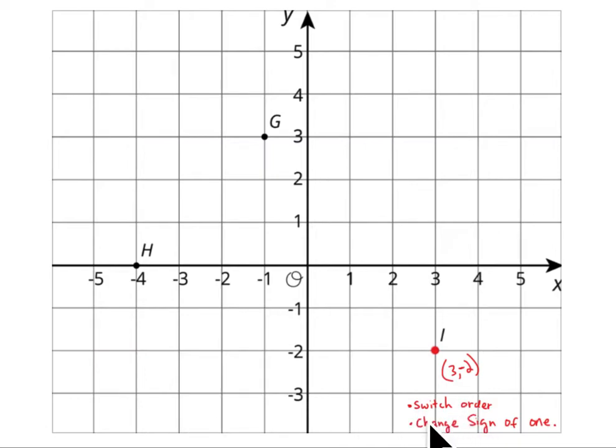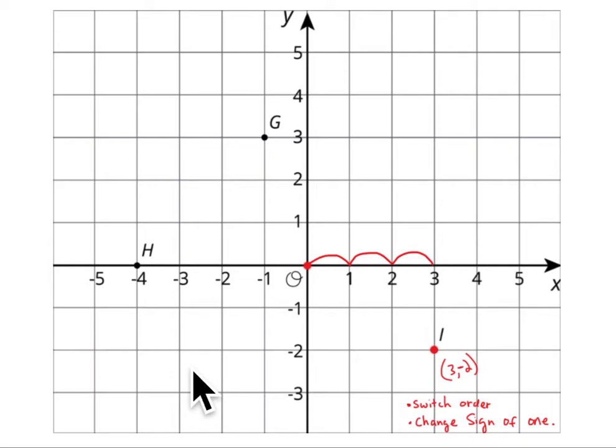So what are you going to do? You're going to switch the order of the coordinates. So this is going to become -2, 3. But then you're going to change the sign of one of them. If you want to move it over to this quadrant and you switch the order, let's do the counting first. I'm going to count along the x-axis to get to this point, so 3 units. That means I'm going to count the same number of units when I rotate this on the y-axis.